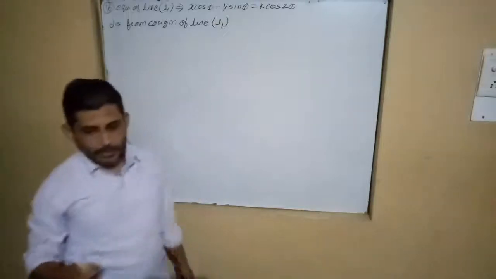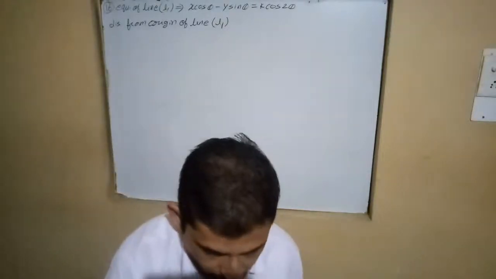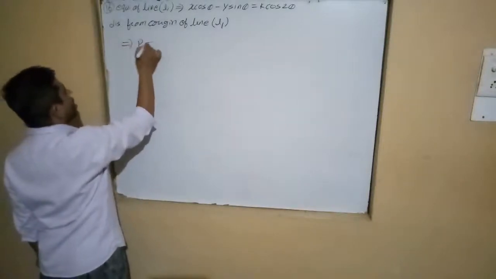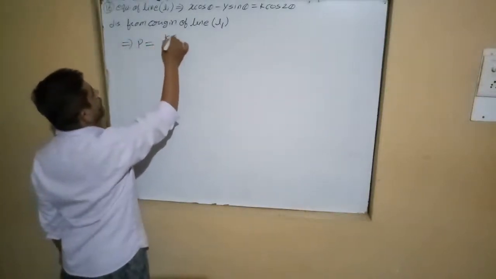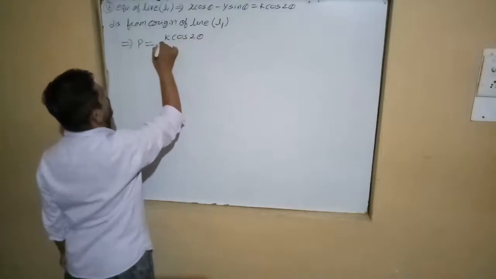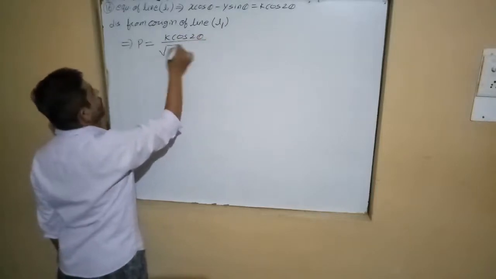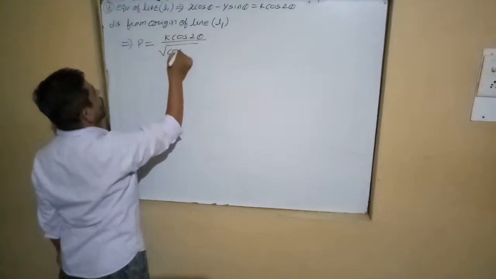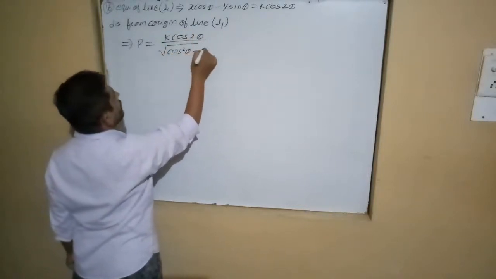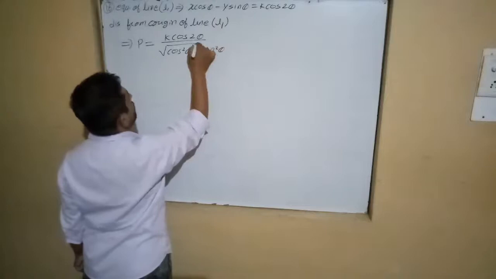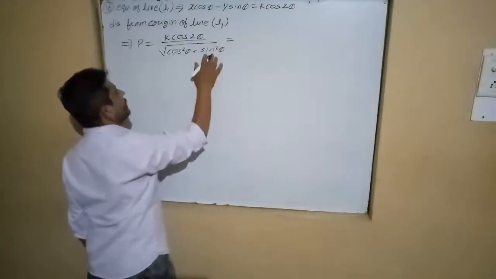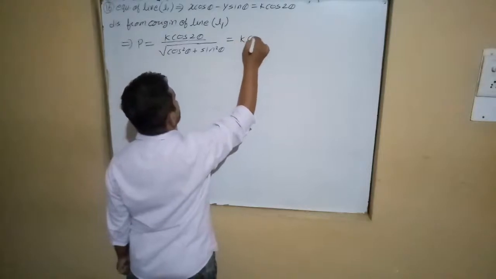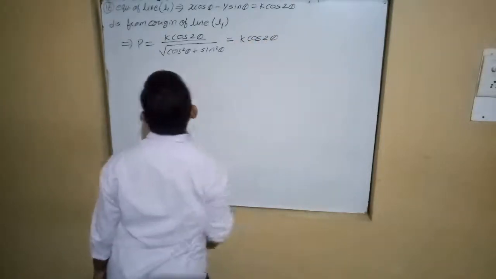This is given a name, we denote it as P. P is equal to k cos 2 theta upon root of a square plus b square, where a square plus b square is cos square theta plus sin square theta, which is equal to 1. So P is equal to k cos 2 theta.